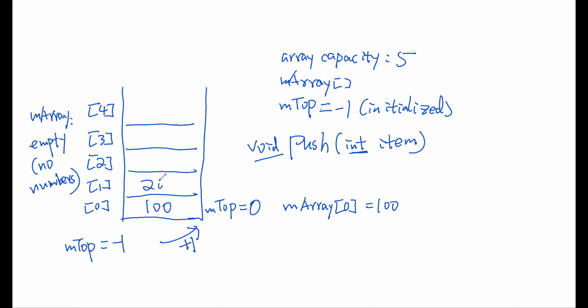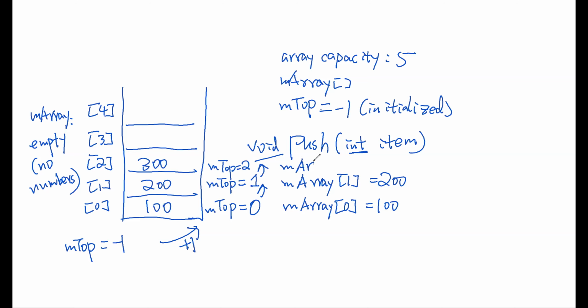And then I add 200. After I add 200, the M top is updated to 1, and your M array sub 1 is going to be 200. Then you can add 300. You add 300, then M top is updated to 2, and the array sub 2 is updated to 300.